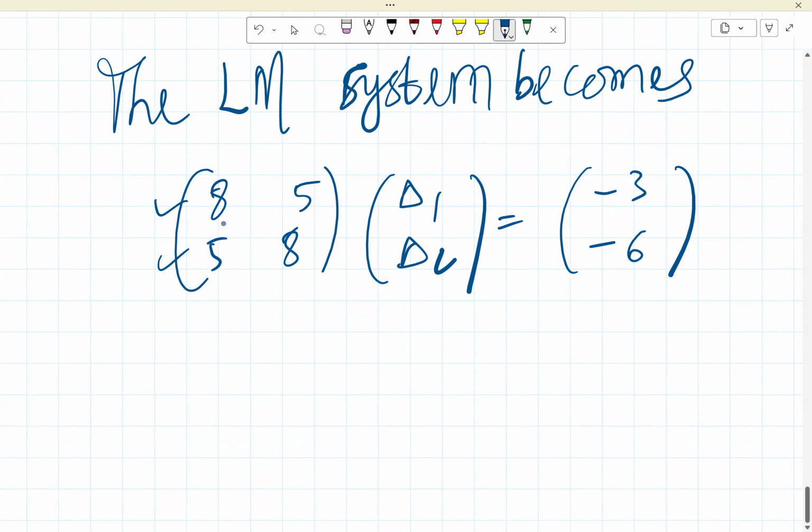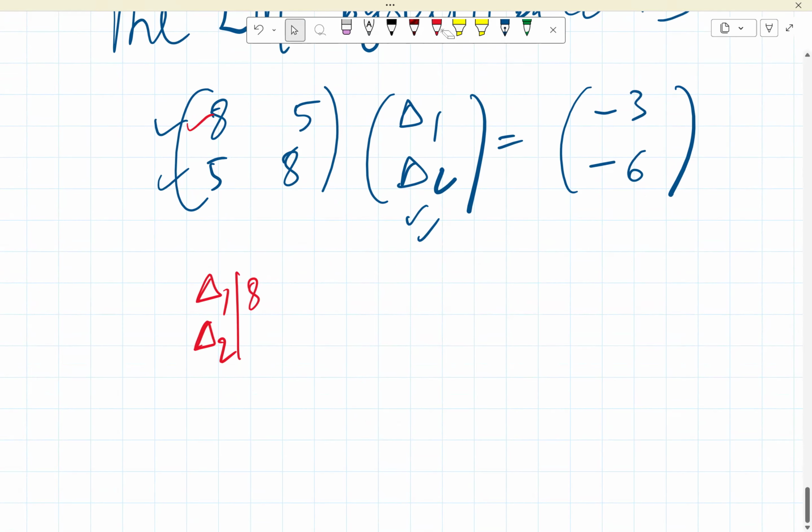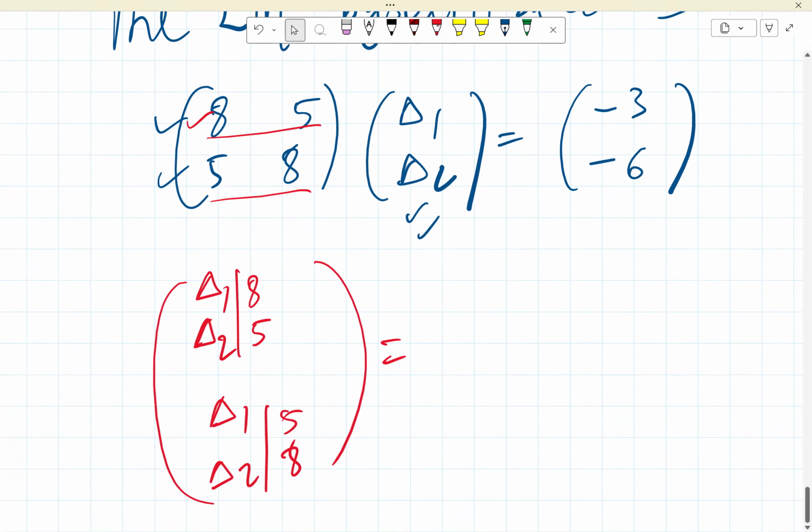Because it has two rows, we write the delta twice, delta 1, delta 2, delta 1, delta 2, with 8, 5, 5, 8 over it, equal to minus 3, minus 6.